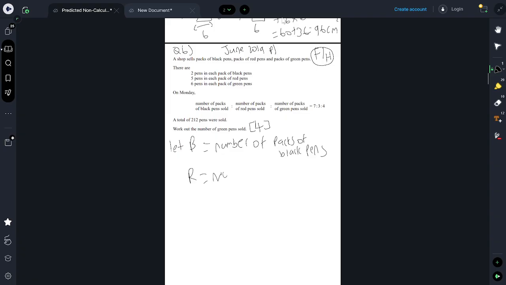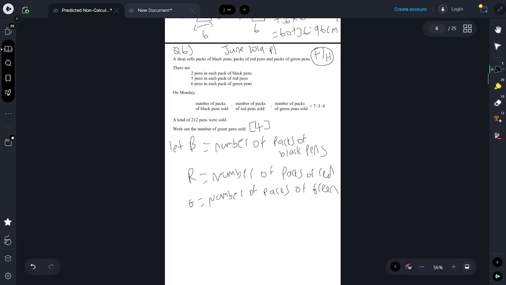Let r equal the number of packs of red, and g equal the number of packs of green.